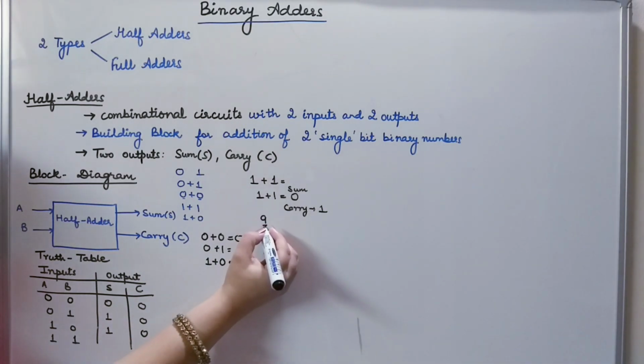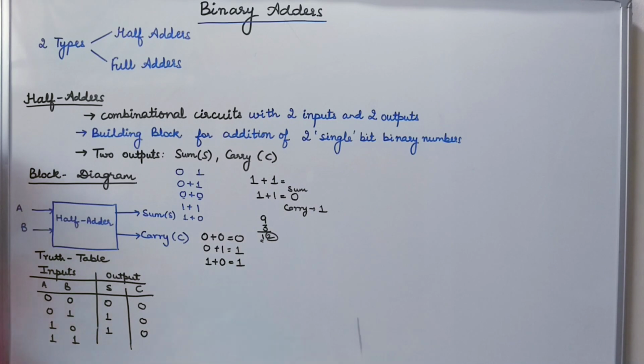If I'm adding 9 plus 3, I get 12. 2 is my sum and 1 is my carry. 1 is being carried to the next digit. So when I add 1 plus 1, I have a sum equal to 0 and carry equal to 1. This is the most important thing which we have to remember: when 1 is added with 1, the sum is equal to 0 and carry is equal to 1.